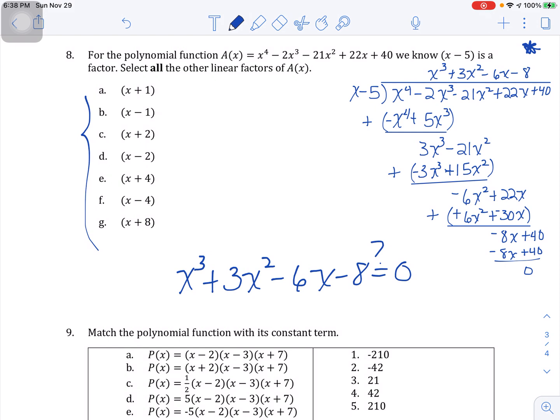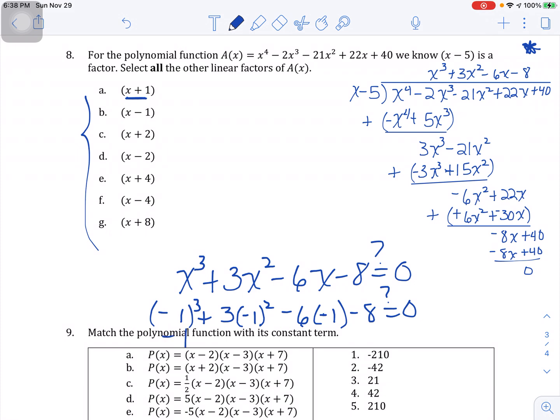So if x plus 1 is a factor, then negative 1 should give us 0 in here. And so does that equal 0 is the question. So we have negative 1 cubed is negative 1.